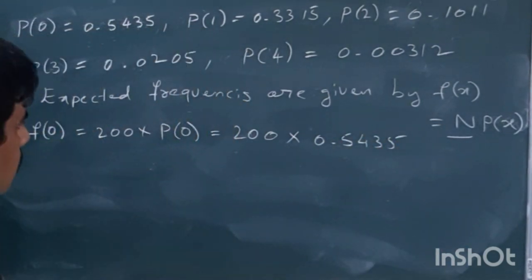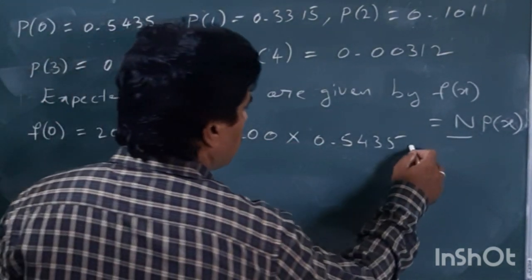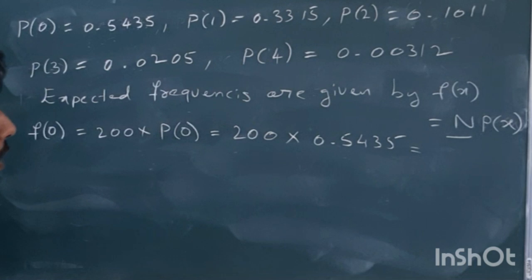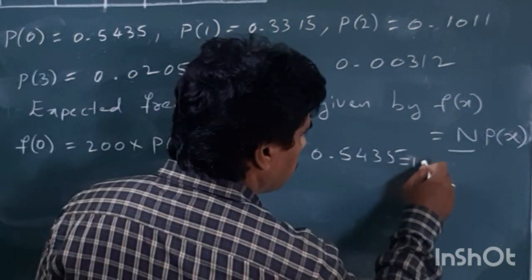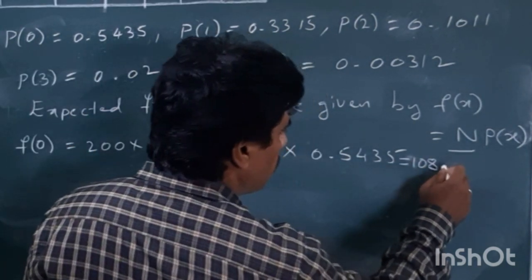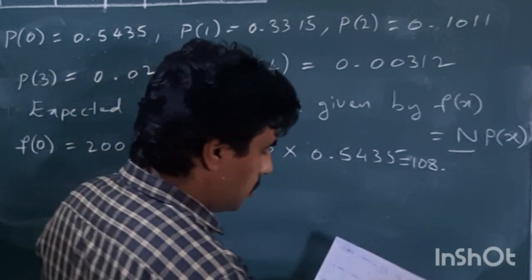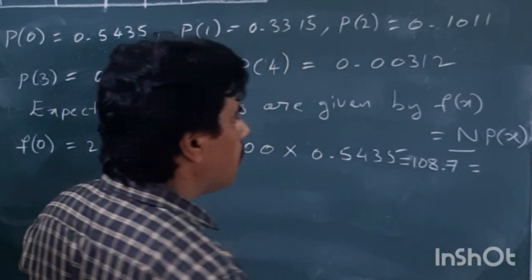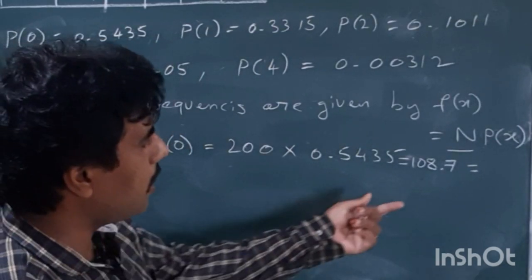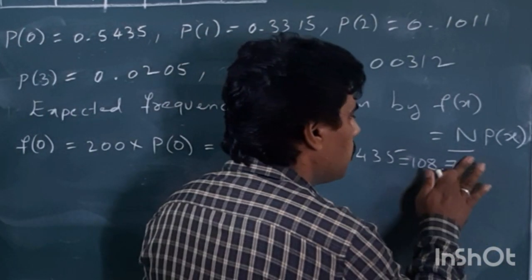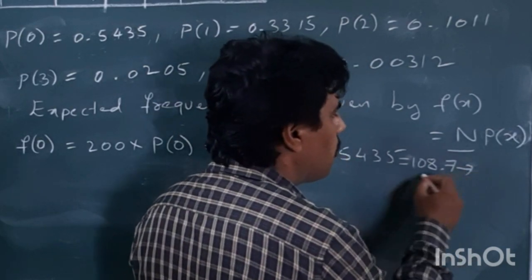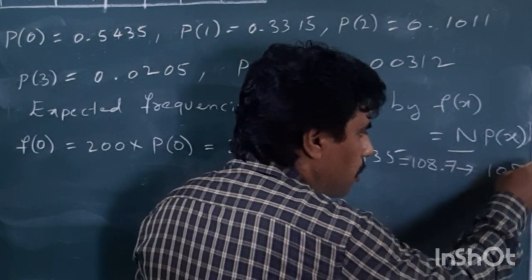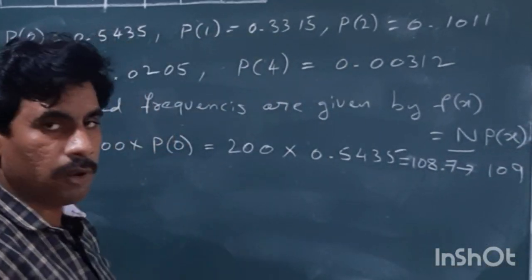Multiply these two factors, 200 into 0.5435, we get 108.7. But we have to round off this value. Its value is 109 after round off.